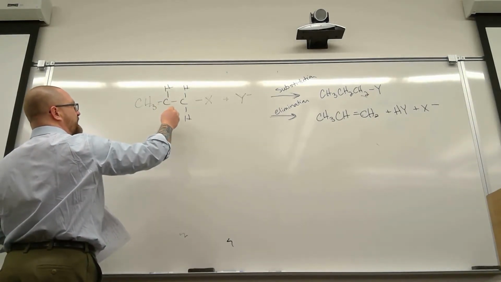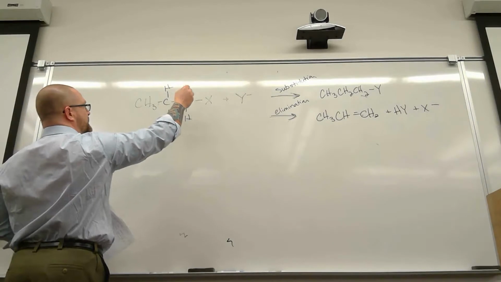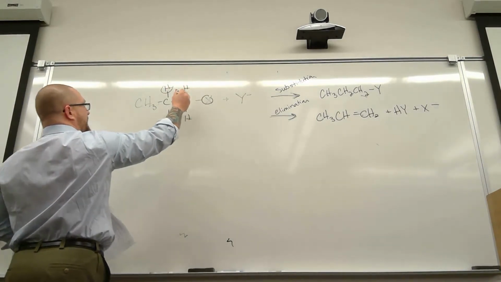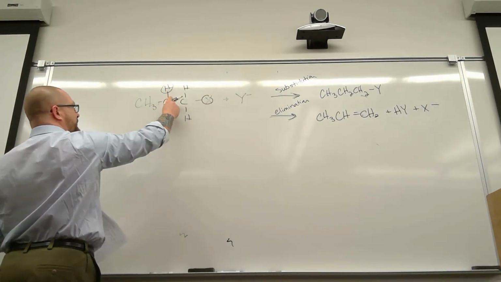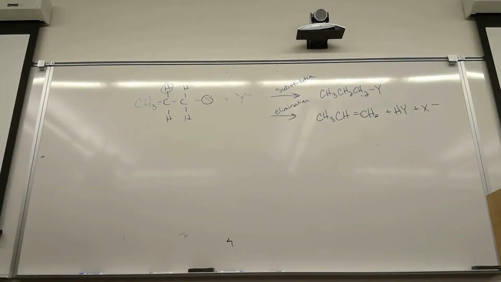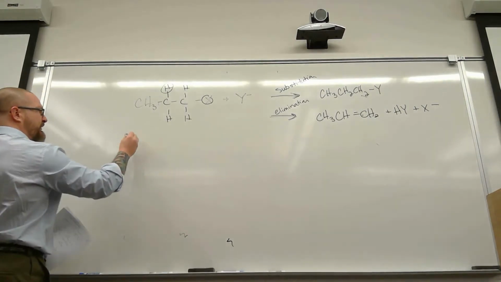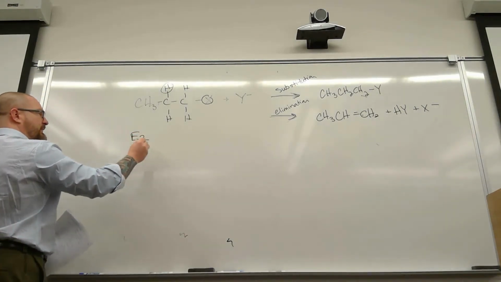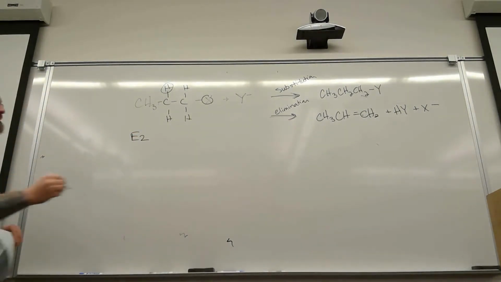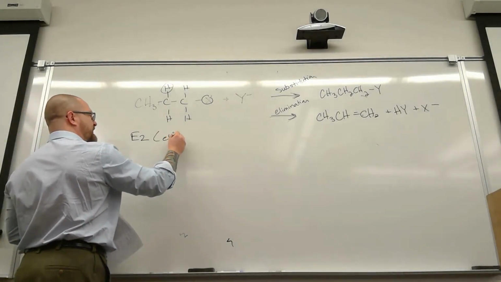In this case, it's going to be the more substituted. It could be either of these. And we're going to get the formation of a double bond between those two groups. So this brings us to the E2 reaction, which is our elimination bimolecular.